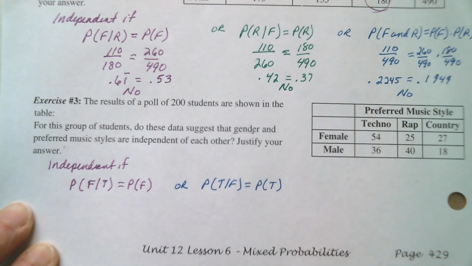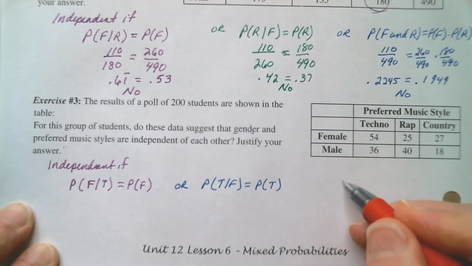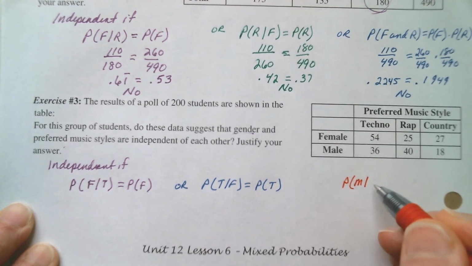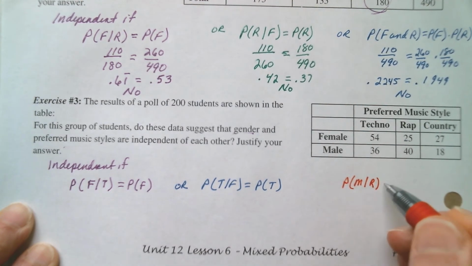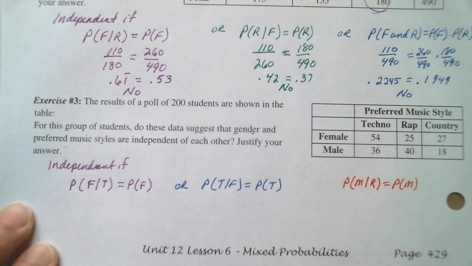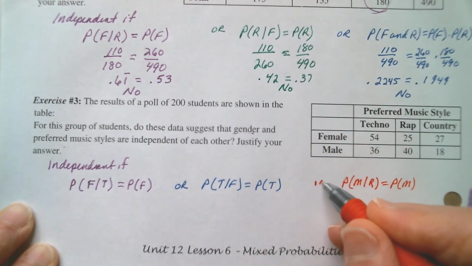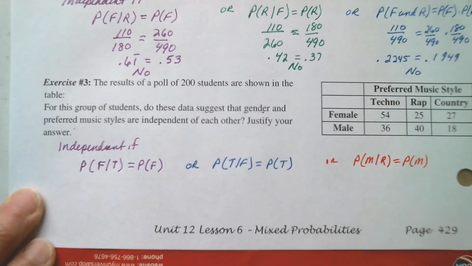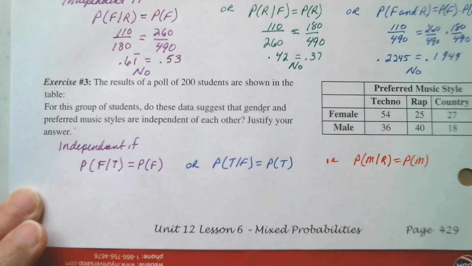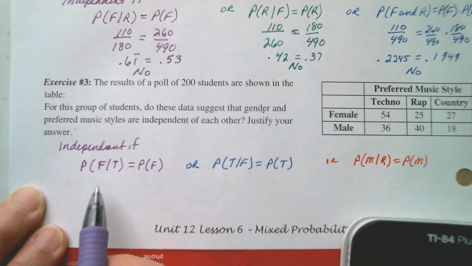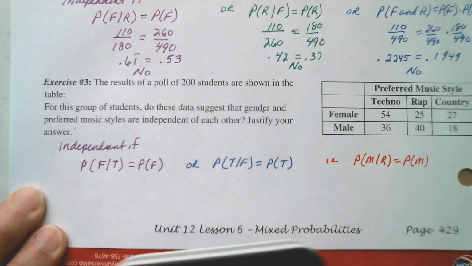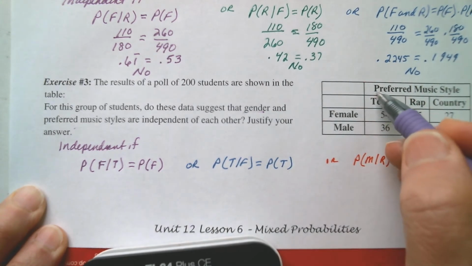Or I could go with something totally different. Probability of male given rap, does that equal the probability of male? There are many more ways in this case, but I'm only going to do one. Probability of female given techno, does that equal probability of female? So given techno, we're looking at this.